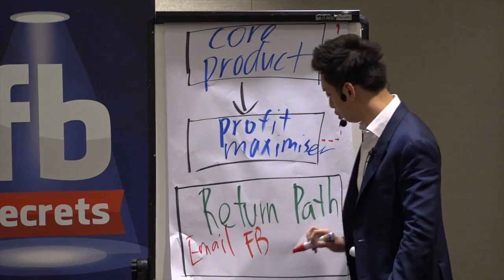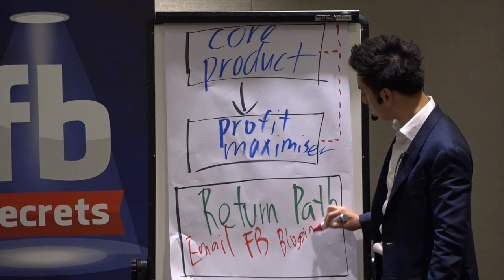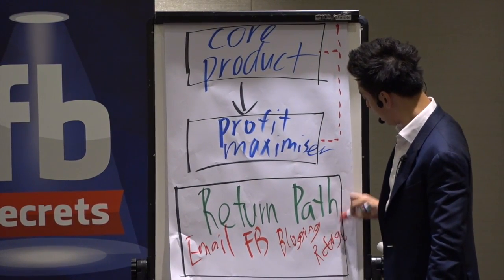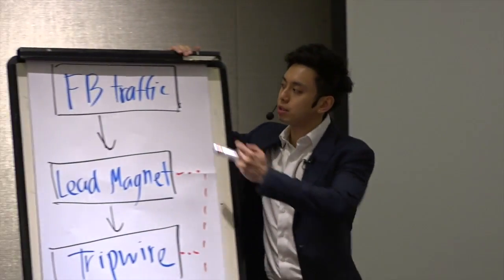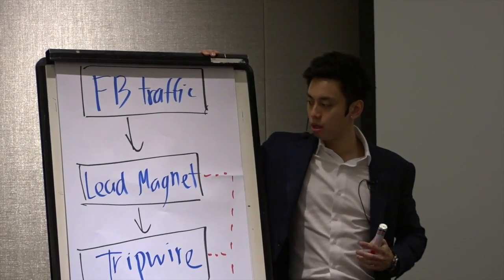This could be through blogging. This could be what we talked about yesterday. This could be retargeting. But at the end of the day, to have a strategy for people to keep coming back into your sales funnel so that you really maximize every single dollar that you paid Facebook for.